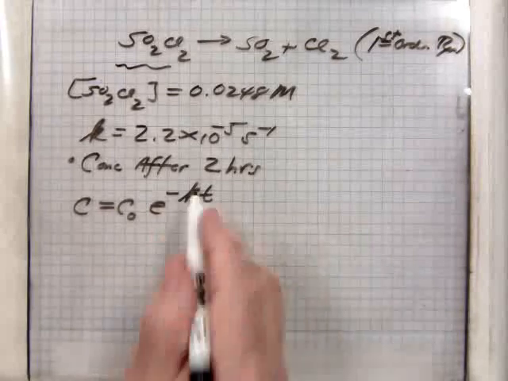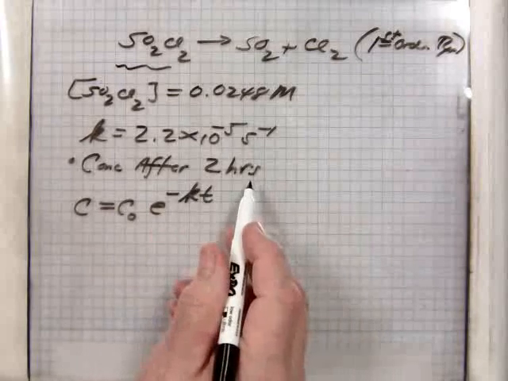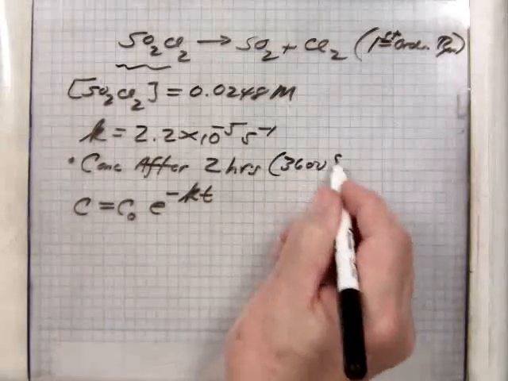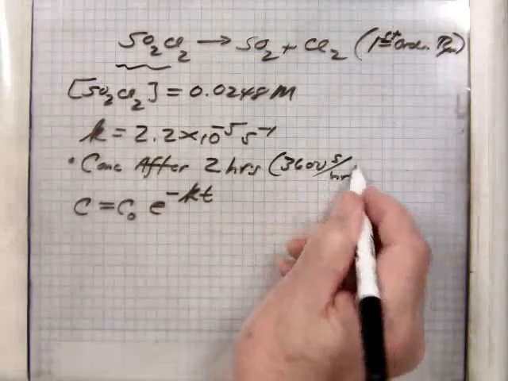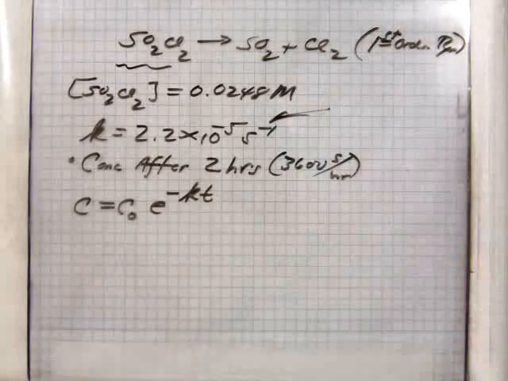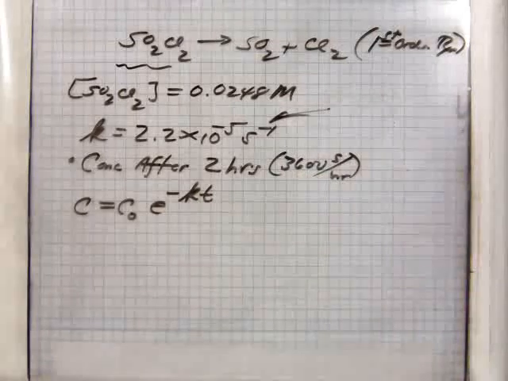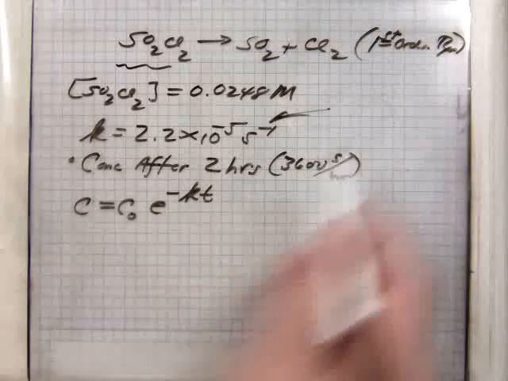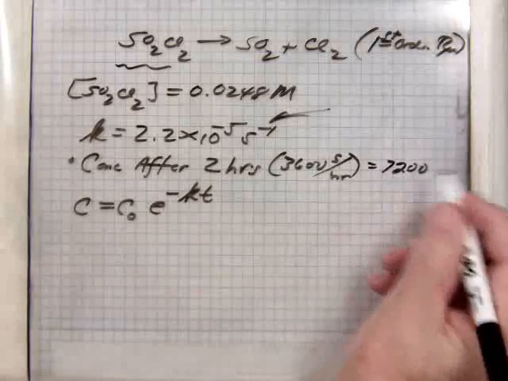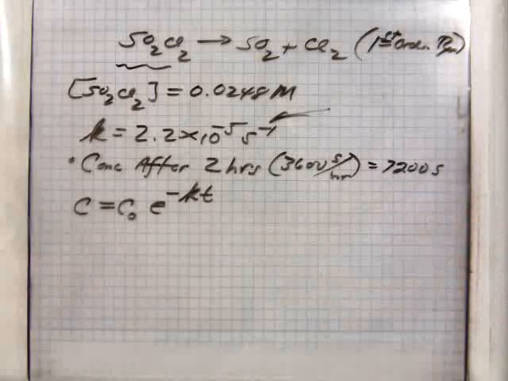And so it's talking about 2 hours. 2 hours times 3,600 seconds per hour is what we'll need, because the rate constant is in seconds, so we need to convert. We can convert that one to hours if we want to, but I'd rather use seconds, so that's 7,200 seconds. It will go into our expression.